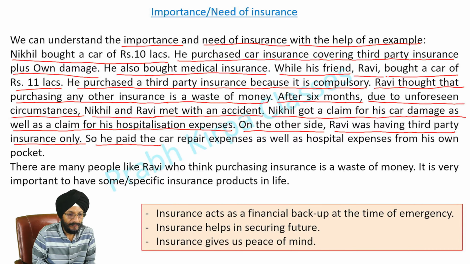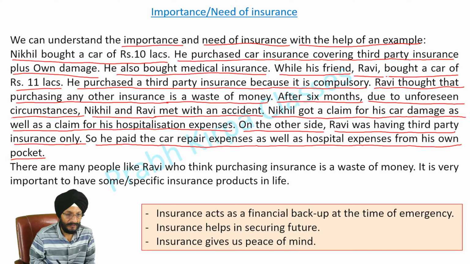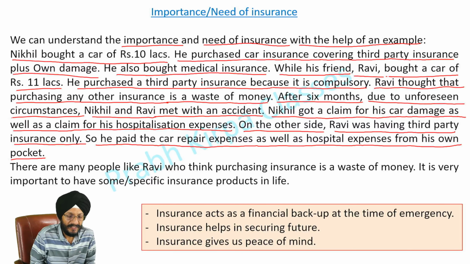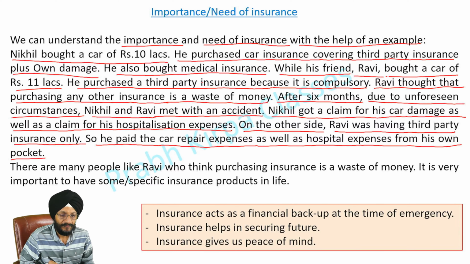So he paid the car repair expenses as well as hospital expenses from his own pocket. Here we may clarify that third party insurance means that whenever an accident occurs, the damage or loss or injuries suffered by the other person are payable, and any damage or injuries suffered by the person insured himself are not covered at all.